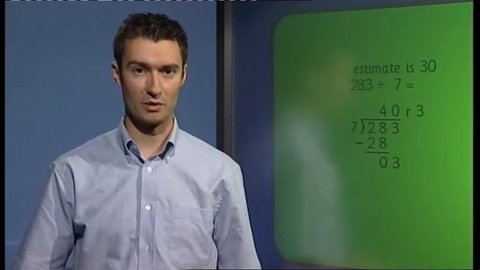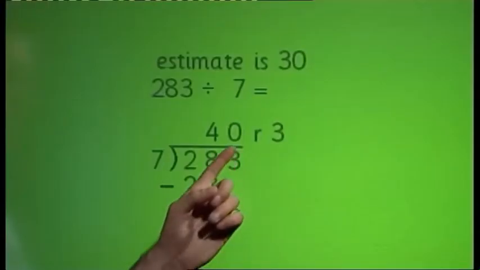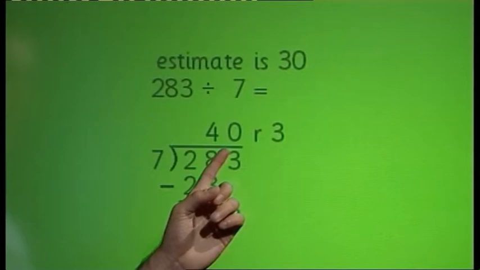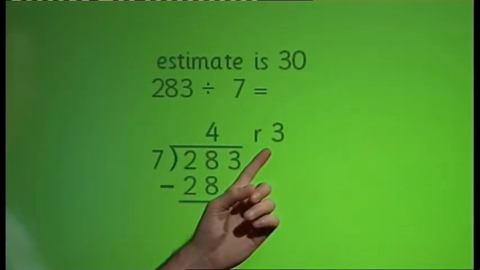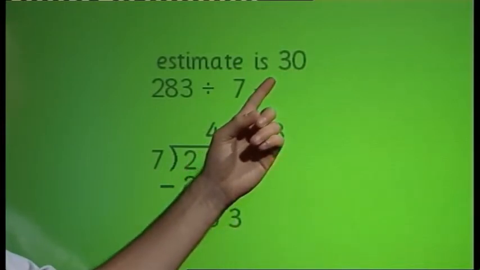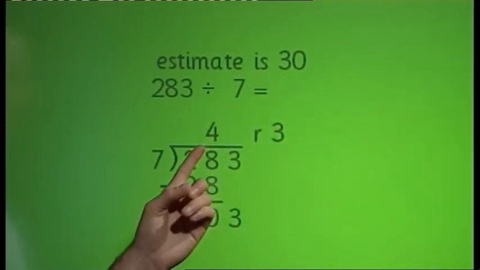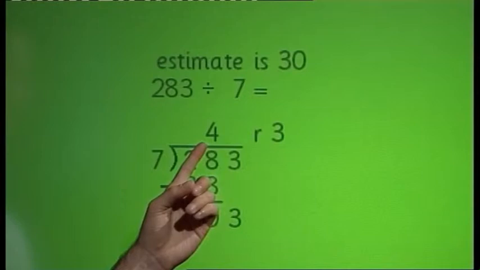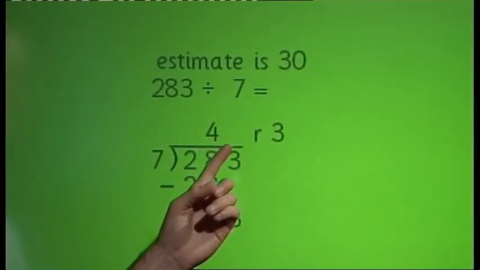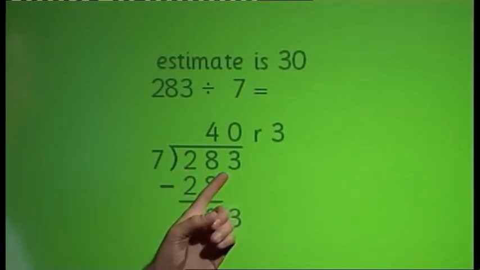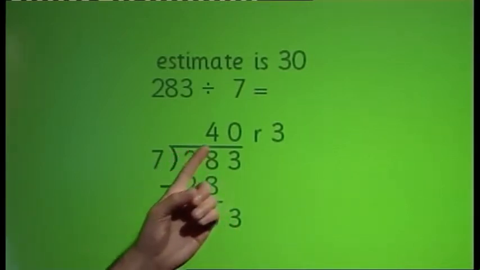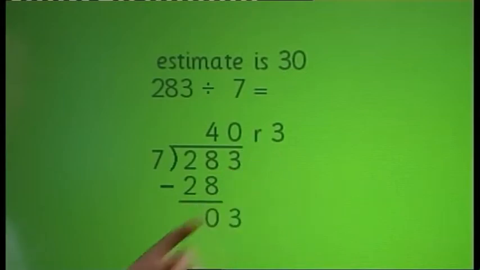Notice how the estimate would have helped if we'd forgotten to write that 0. Now, without the 0, the answer would look like 4 remainder 3. But because we estimated 30, the answer of 4 would have made us think, and we'd have realised that we needed the 0 after all. So, 283 divided by 7 is 40 remainder 3.